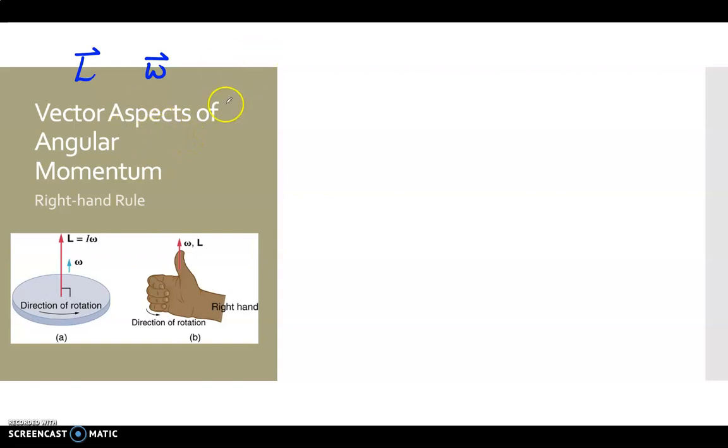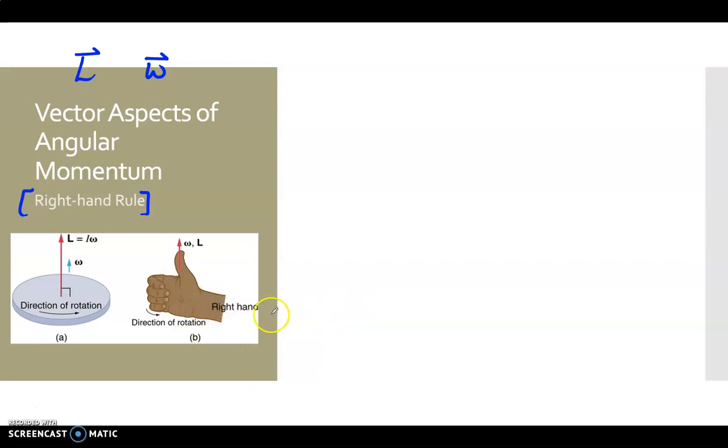The way we describe the direction of motion of the vectors is through this thing called the right-hand rule.